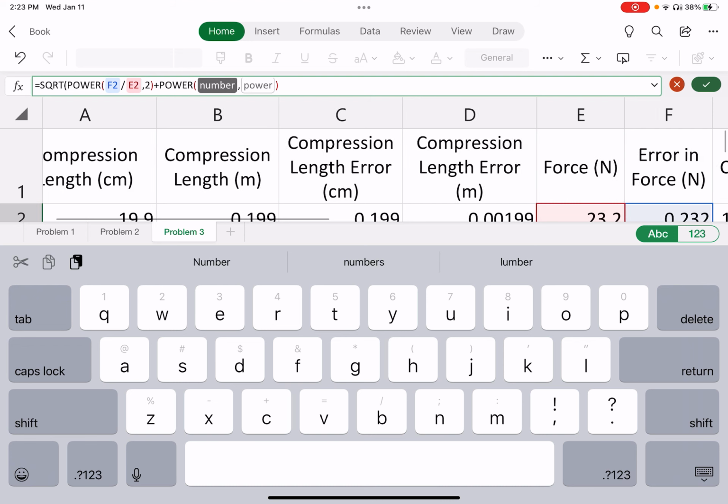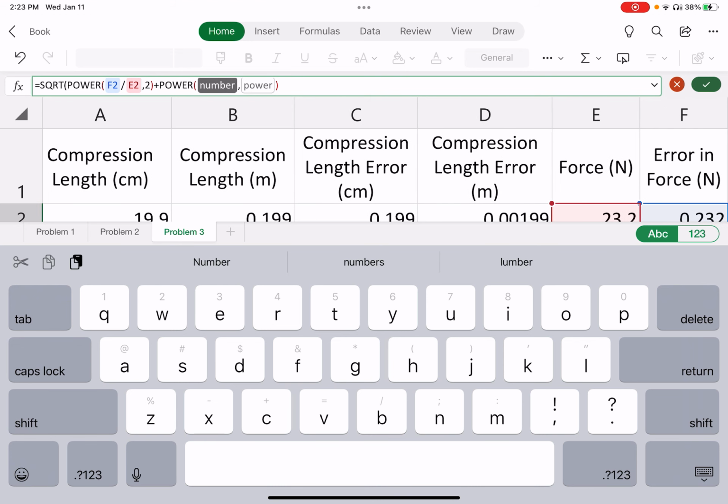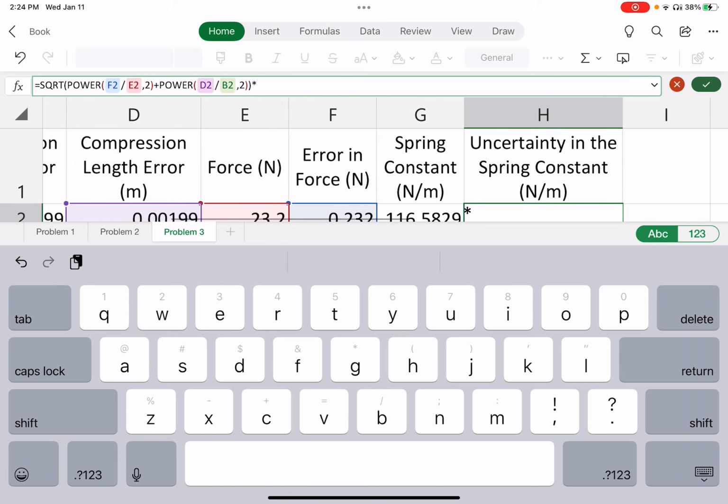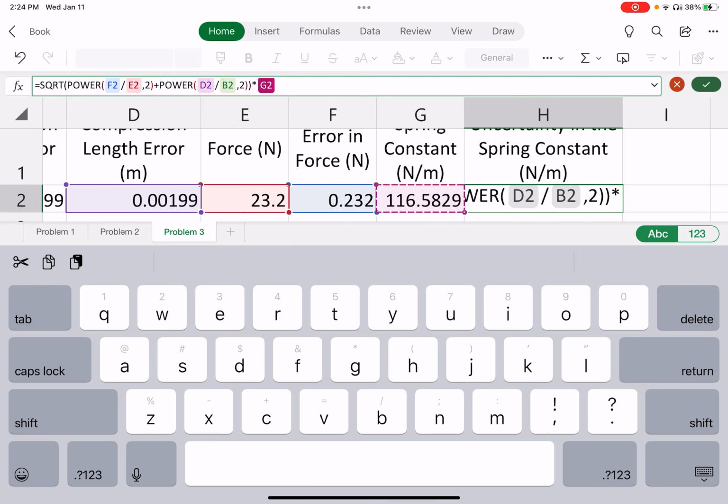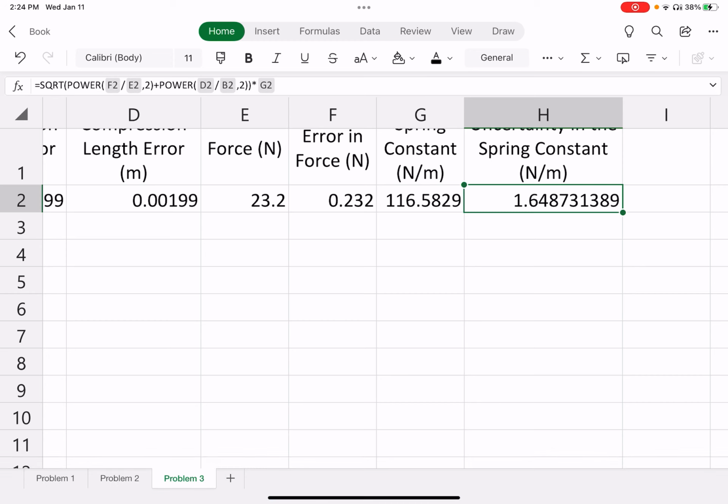And I'm going to use my compression length. And so we need the compression length error in meters divided by the compression length in meters. And then we're going to say squared. All right, and then I'm just going to close this parenthetical statement. And then we need to multiply this times the spring constant, which is here. So you guys can see that we're getting all of our information there.